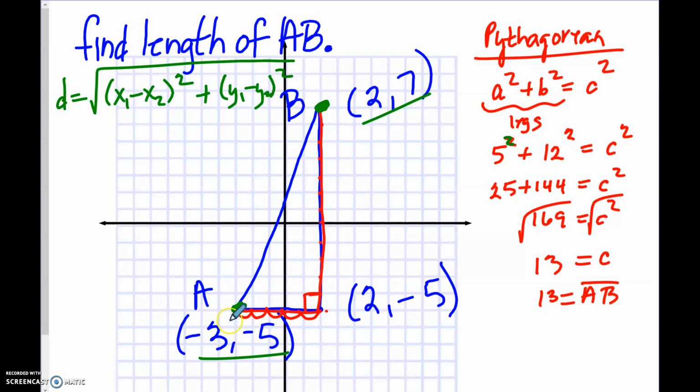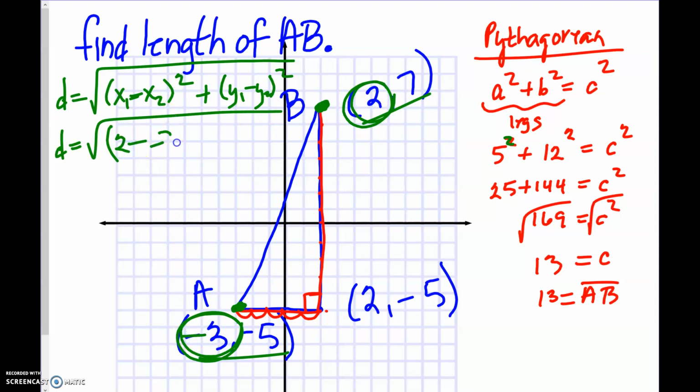Okay, x value. I'm just going to circle this x value and this x value, and I'm going to subtract them. So distance equals, and that first x value is 2 minus the other x value, which is -3. Then I'm going to do the same thing for the y values.